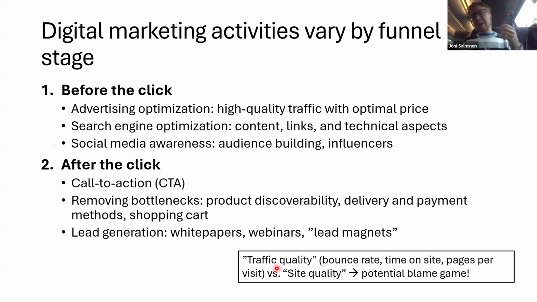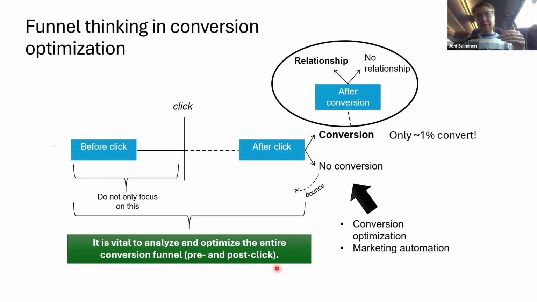So that's a side effect of this siloing, where you have different teams that focus on different things instead of having a team that is in charge of the whole thing. So holistic marketing would be better.